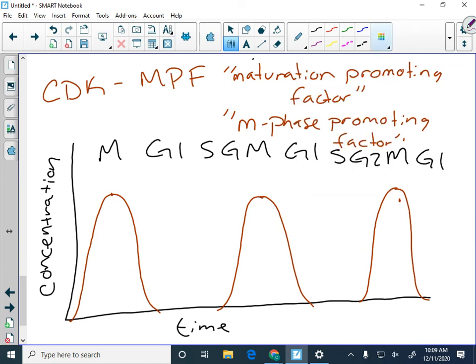Then we have our cyclin. So our maturation promoting factor is a cyclin-dependent kinase, so its activity depends on the concentration of cyclin. If we're graphing the concentration of cyclin, we are going to gradually rise until we hit peak M phase, and then it will fall.